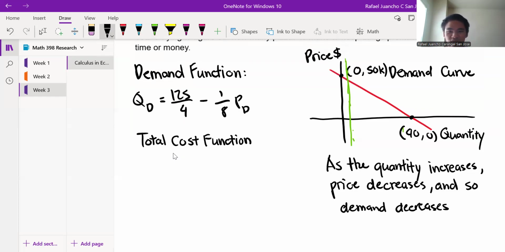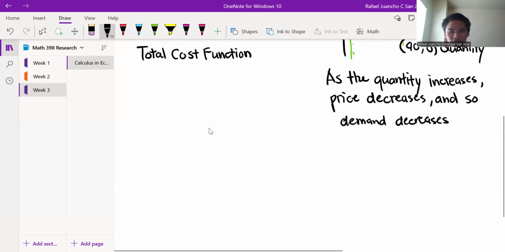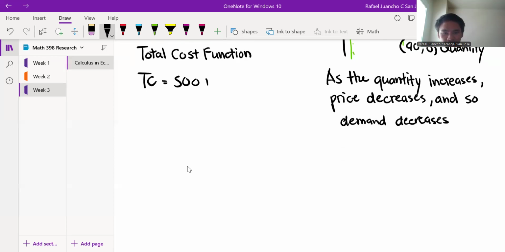We have to make our own total cost function. I'm actually going to write it down first, but we have TC. TC means total cost equals 500 plus 7Q plus Q squared over 100. Oh, sorry, not over 100, over 10.